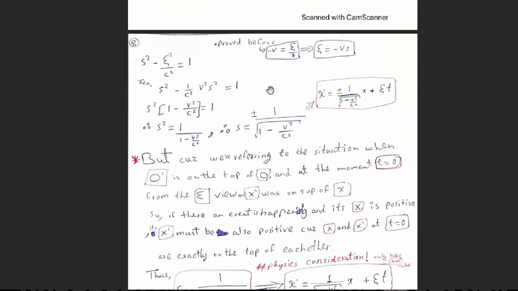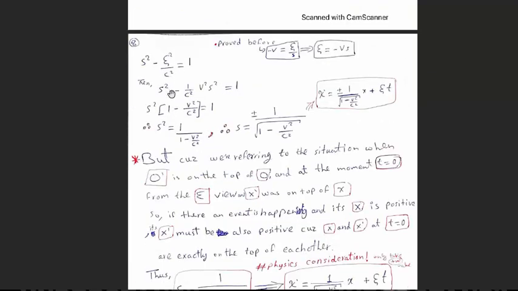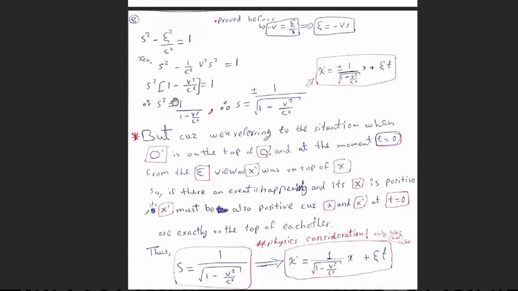We proved later that minus v equals epsilon over s, which we can say epsilon equals minus vs. So from this third equation, we just substitute epsilon squared by this minus vs. This is what we got when we substitute.